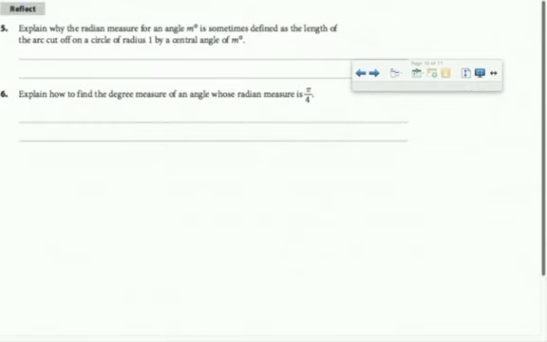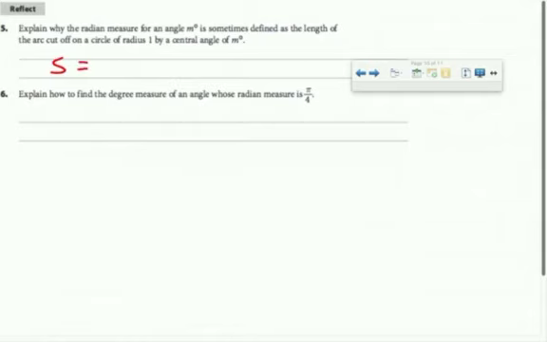In Reflect 5, they're asking us to explain why the radian measure for an angle m degrees is sometimes defined as the length of the arc cut off of a circle with radius 1 and central angle m. Wow, that's really wordy. All right, so let's break it down. If I were to convert that m into radians, if my radius of the circle is 1, well, let's think about what the arc length would be.